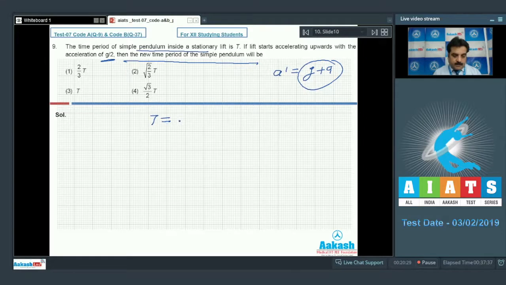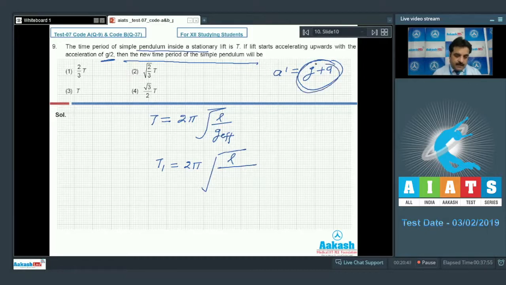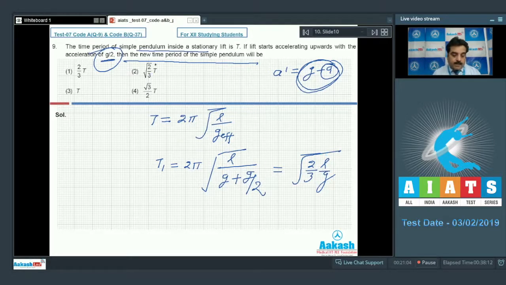The time period at stationary lift is given by 2 pi root of length upon effective acceleration due to gravity. So as per the situation, T1 is 2 pi root of length, which will remain same, but effective acceleration will be g plus a. So g plus a, but the value of a as per the question was g by 2. So I will write here, simply you can calculate on solving, 2 by 3 L by g. Now, but the answer is given in terms of T. So T is equal to 2 pi root of L by g in the situation.